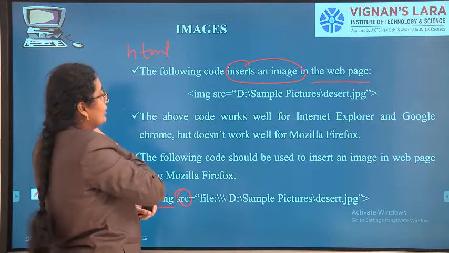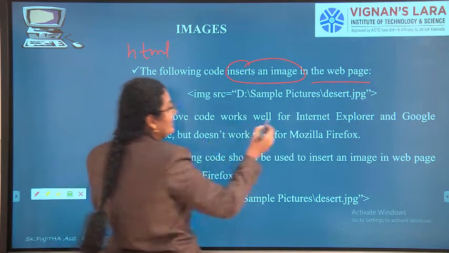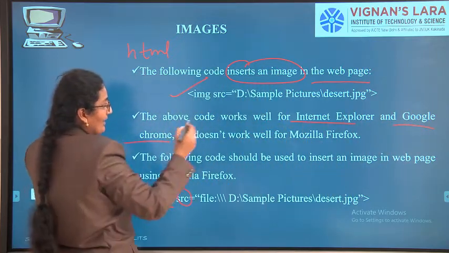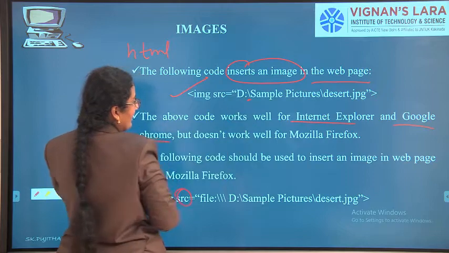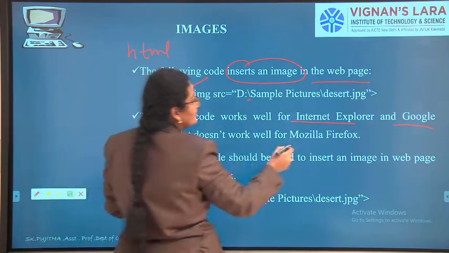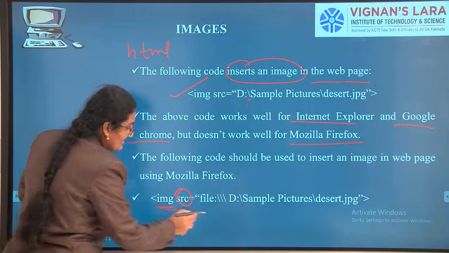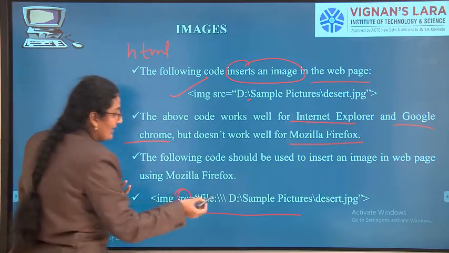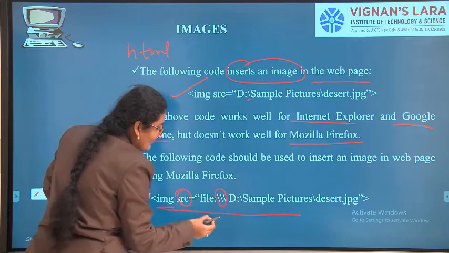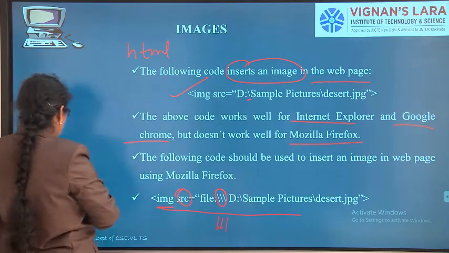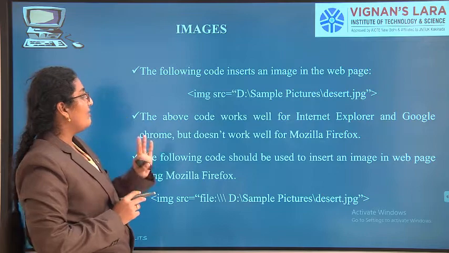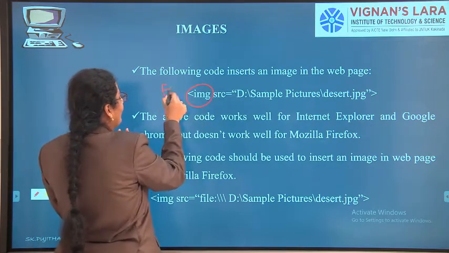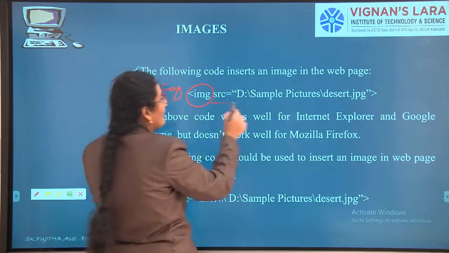If you want to work with Internet Explorer or Google Chrome, this is the syntax. You can observe there is only one slash here. But if you want to work with Mozilla Firefox, this is the syntax. For Mozilla Firefox, you should give 3 slashes. This is the difference. To insert an image into a web page, we have a tag, and in that tag we have an attribute called source.